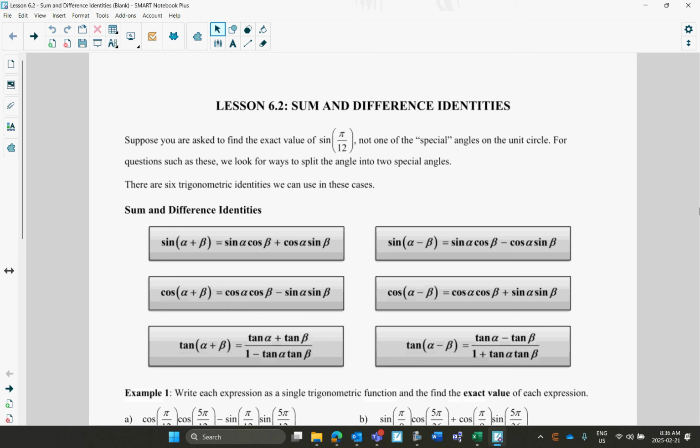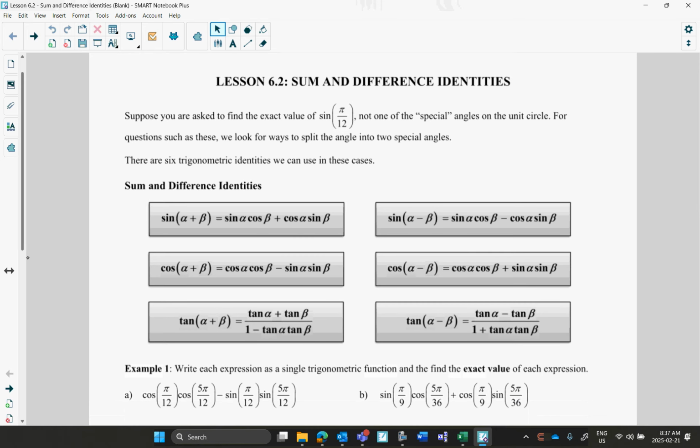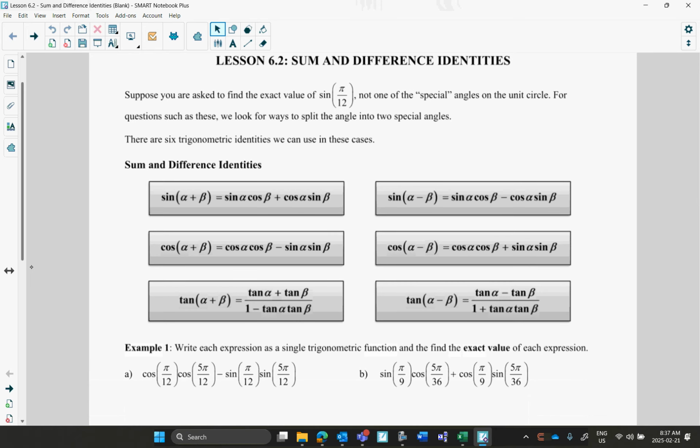There is another set called the sum and difference identities, and it's these 6 that you will get. You don't have to memorize them. And what it boils down to is we can take the sine, cos, and tan of 2 different angles added together by doing this.